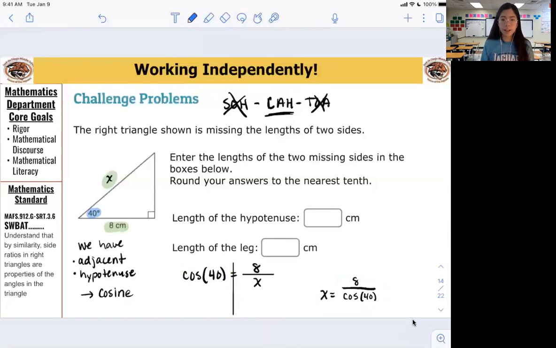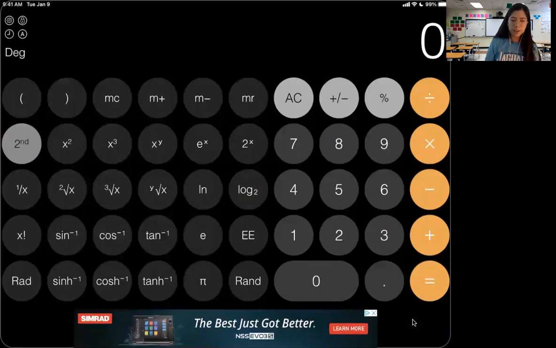But now we actually have to calculate it. We have to figure out what is 8 divided by the cosine of 40. So here's where we go to our calculators, and we're going to be very careful because we're going to have to use some parentheses. Follow along. We're doing 8 divided by the cosine of 40.